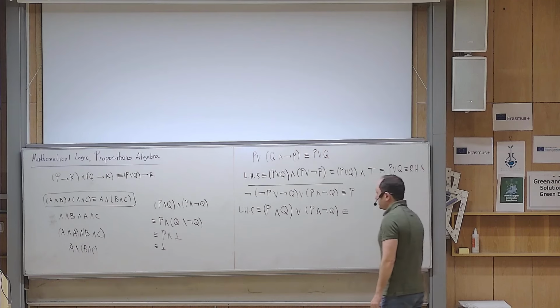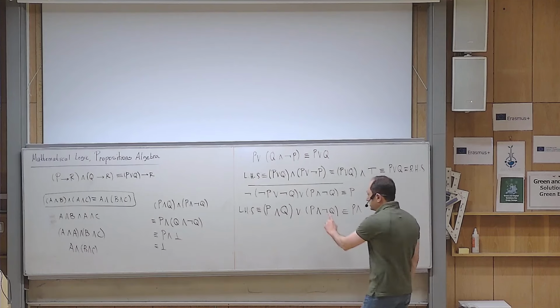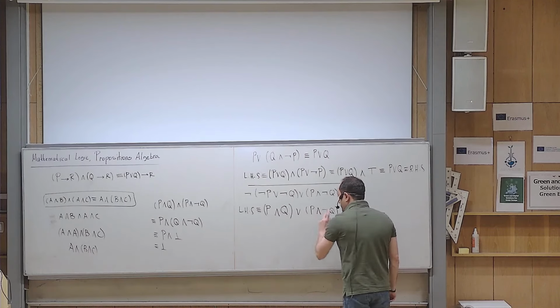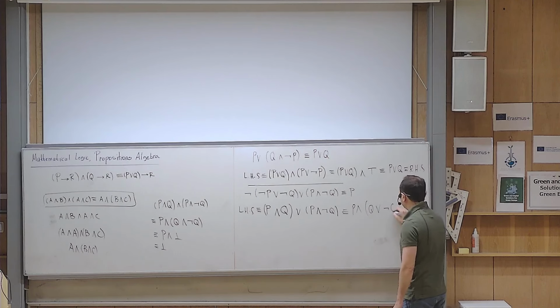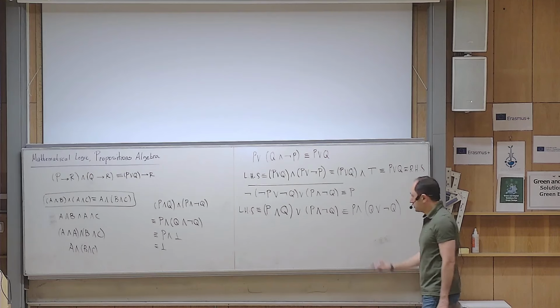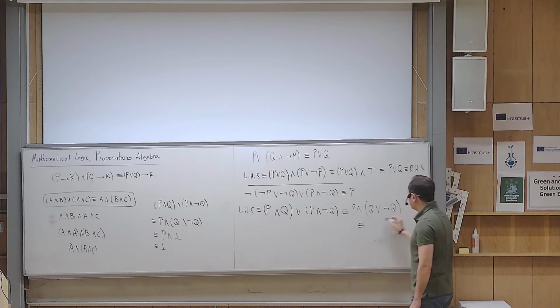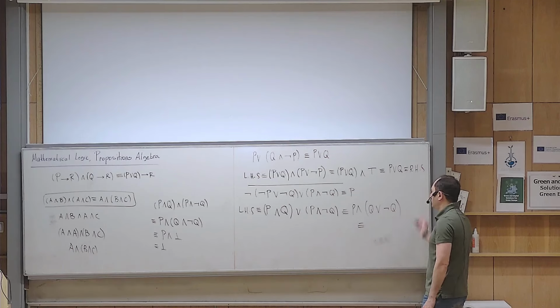So what happens here? I can factor P and out. Because this is distribution, I have two different type of operations here. So what is left? Q, and what is left from there? Or not Q. Yes? So then what happens? Is there something I can write here? The door is open or the door is closed. It's a tautology. Yes?